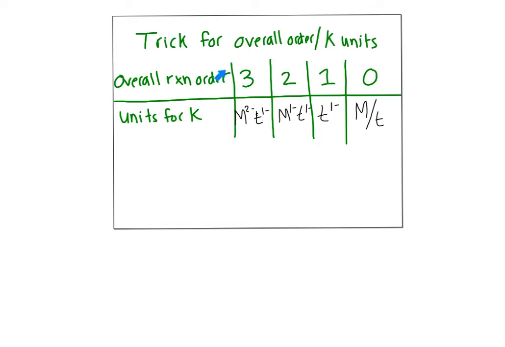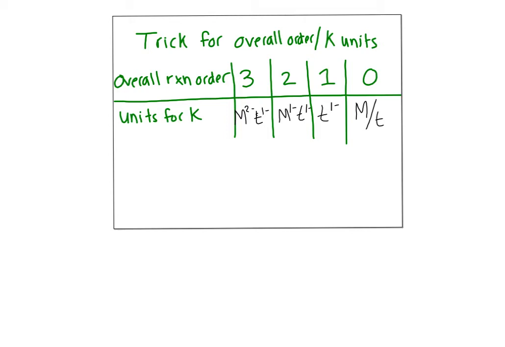If the overall order, when you add the exponents, is 3, your units for K are going to be concentration to the -2, time to the -1. If the overall order adds up to 2, it's going to be concentration to the -1, time to the -1. If the overall order adds up to 1, it's just going to be time to the -1 as your units for K. And if the overall order is 0, then it's going to have the same units as rate, right?